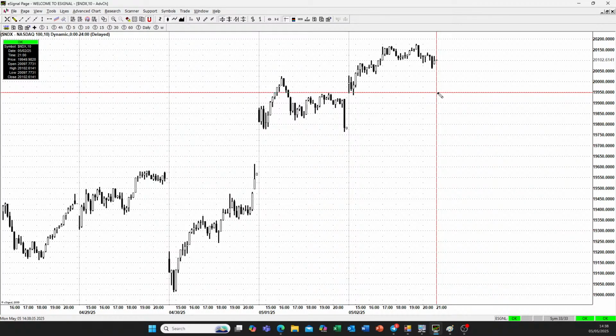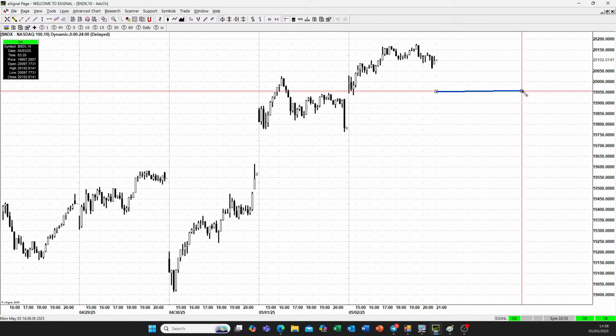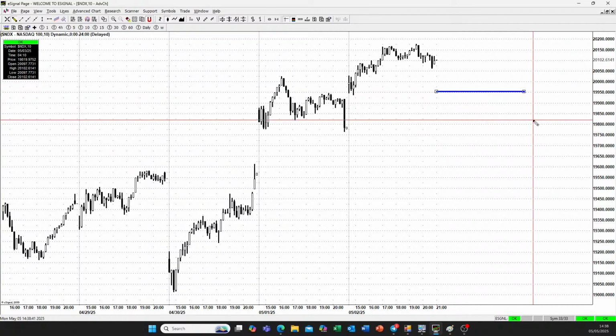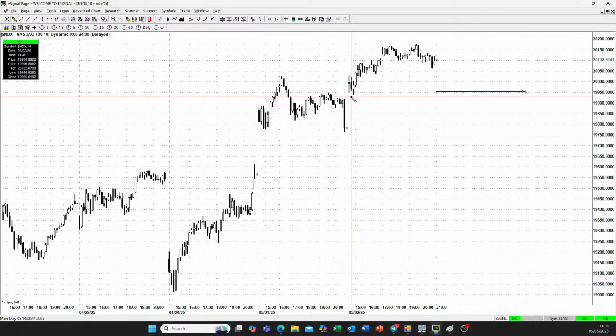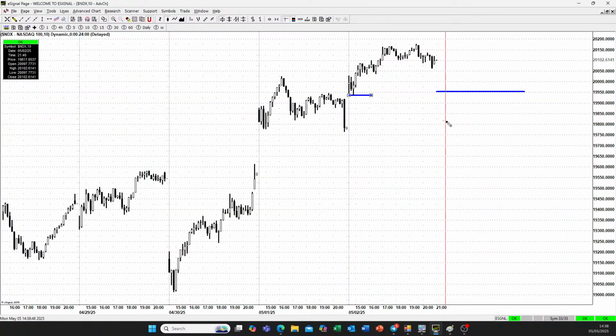Which is about here. And that's interesting because it means that it actually opened below the range.